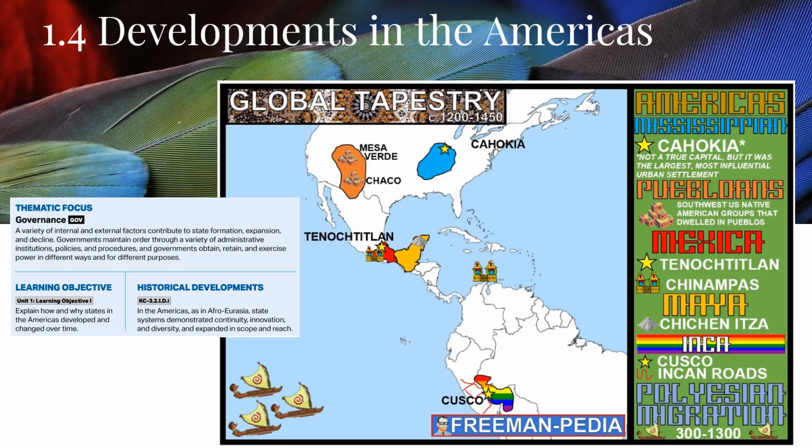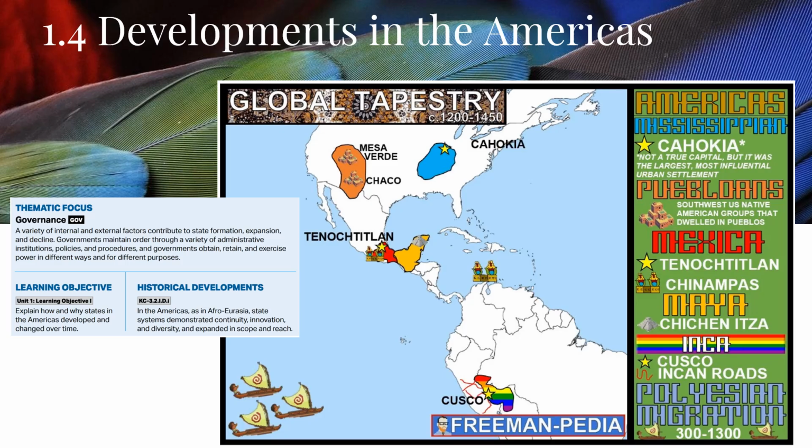You could see Mesoamerica, but more often you will see, according to online sources, that they have now transitioned away from Mesoamerica, and now they're just referring to it as Mexica.